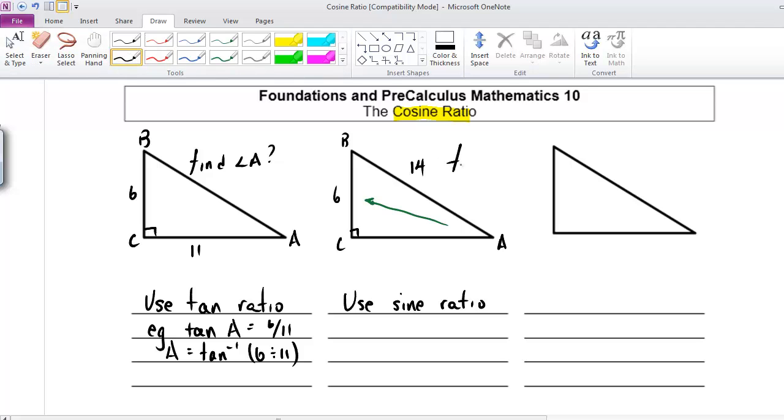So we want to find angle A. And I have the hypotenuse, and that's what I use. Opposite over hypotenuse is sine. And in this example, the sine of angle A is equal to 6 over 14. 6 over 14 is the sine ratio. And we would find angle A by pushing the inverse sine button on our calculator. And that would tell us the answer.